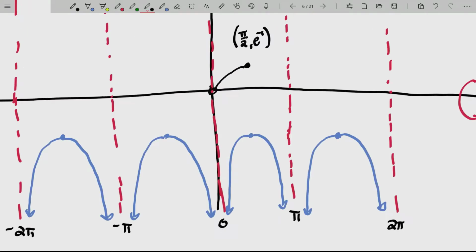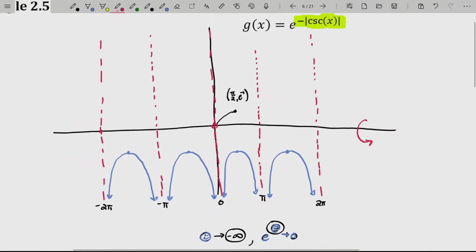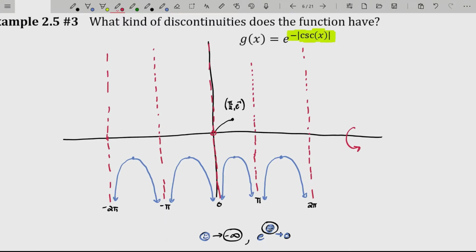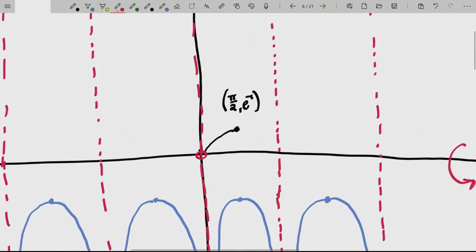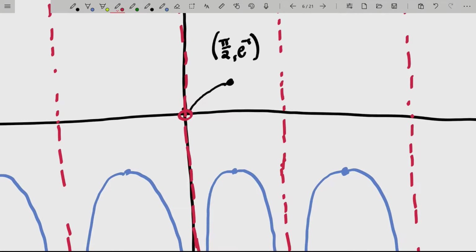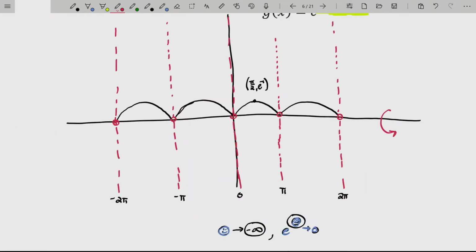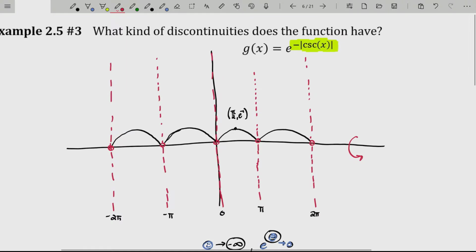A major thing you need to know is that you cannot actually plug in 0, because cosecant of 0 does not exist. So you can't do that. You still have those issues at 0 and at pi and at 2 pi, and you get something like this. And that is repeated forever.